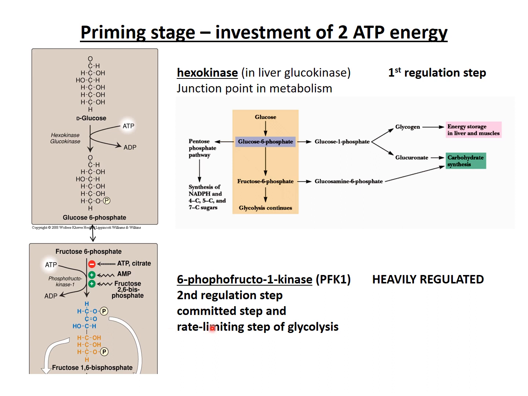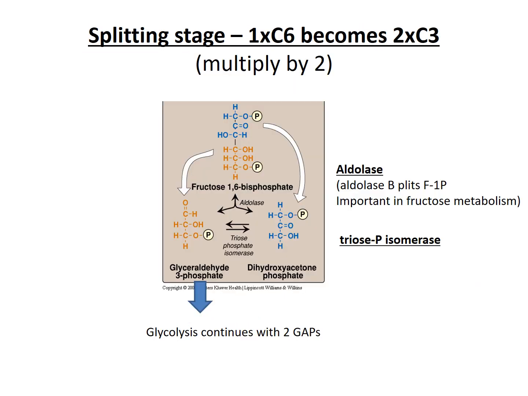Committed and/or rate-limiting steps in every pathway of biochemistry are heavily regulated. So this is what we will talk about in the second part of this lecture. This is the most important regulatory point of glycolysis.